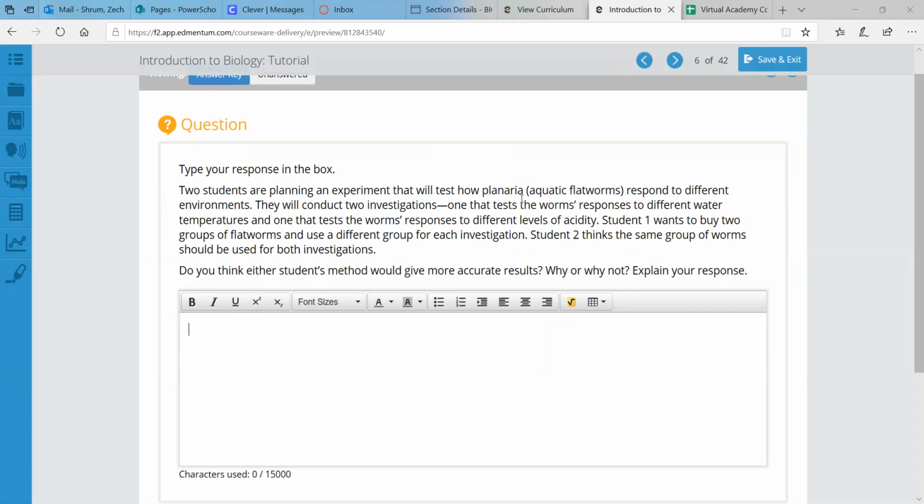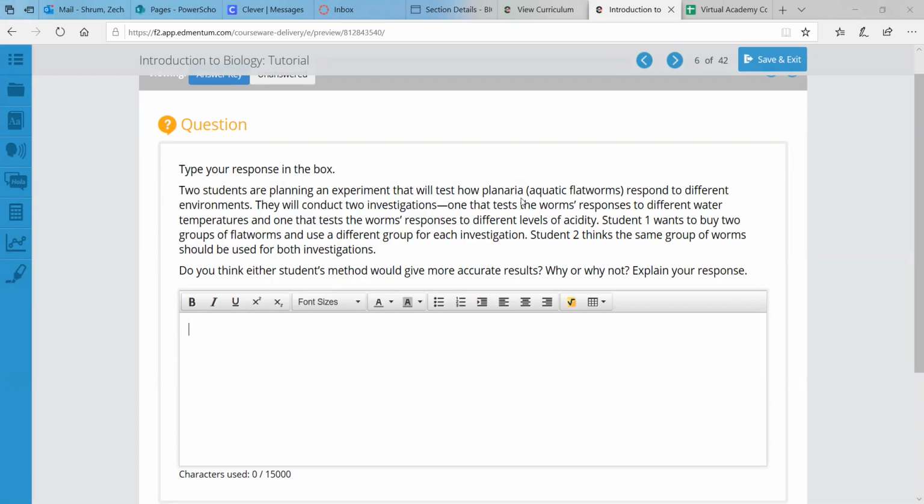So temperature in one, acidity levels in another. The first student says, let's buy 2 groups of flatworms and use a different group for each investigation. But student 2 says, wait, hold on.